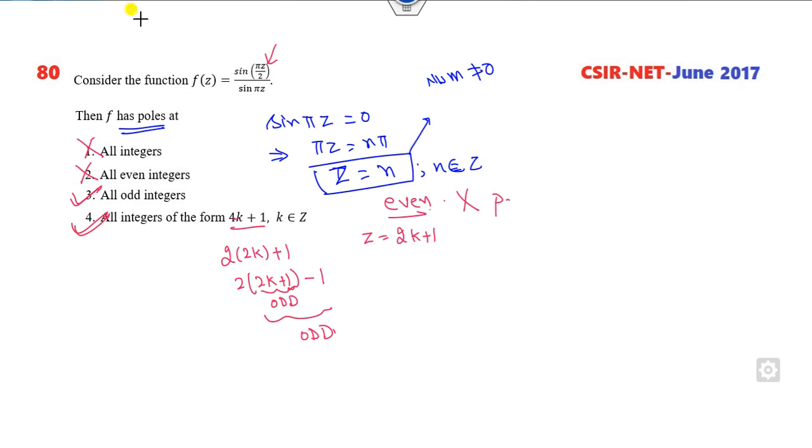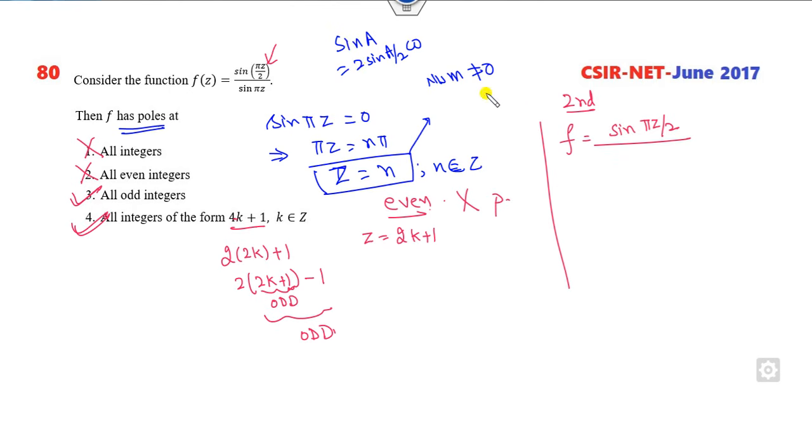Fine. But there is a second method also. There is no need to think about that. Look at this function. This is sine pi z over 2. If I open this formula, sine of a is 2 sine a by 2 cos a by 2. So 2 sine pi z by 2 cos pi z by 2. Now since the numerator is a constant value, how can you find the pole?